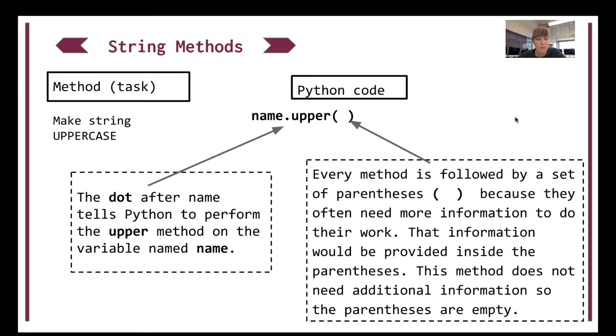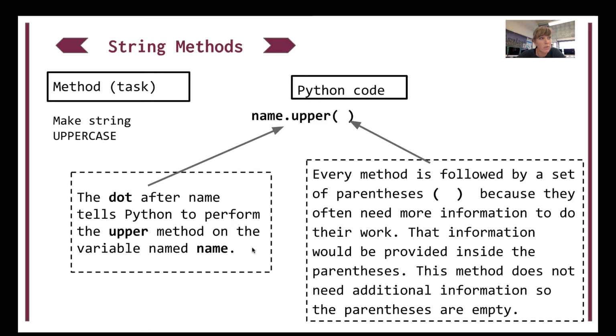Okay, let's talk about some methods that we can use on strings. These are just ways to change what they look like. So the first method is called upper, okay? The way that we do this is we put a dot after the name, so it tells Python to perform the upper method on the variable named name in this situation, right?